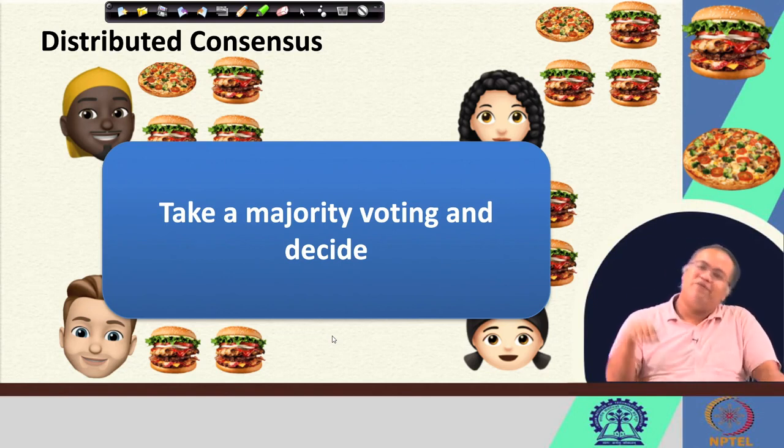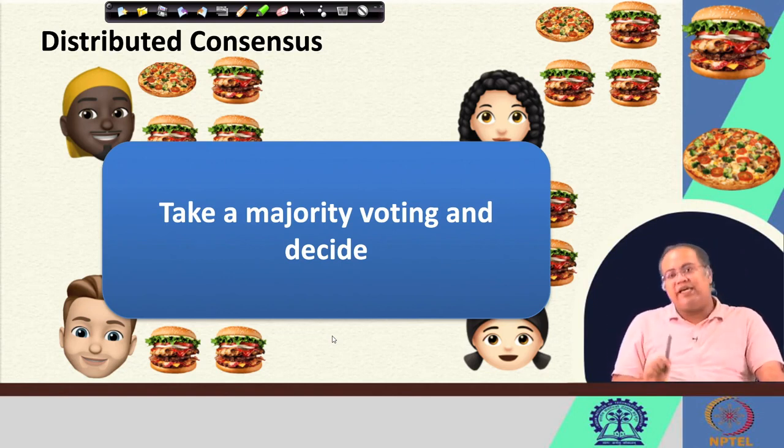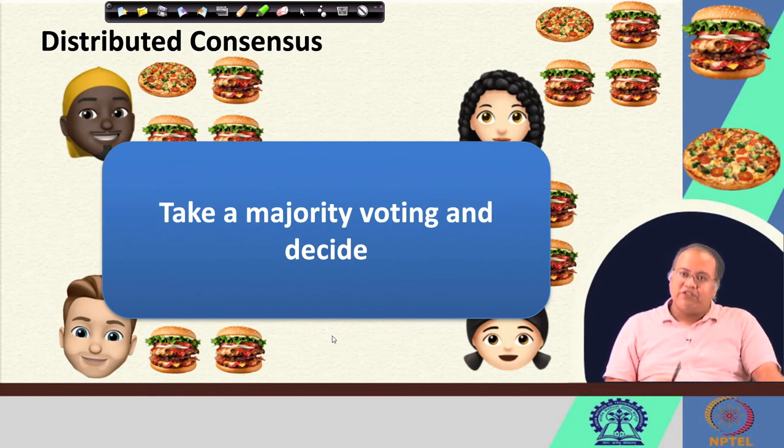But if you want to go for a distributed way, just think how many phone calls you need to make. First of all, everyone has to make 3 phone calls. I have 4 persons, so I need at least 4 times 3, 12 different phone calls.